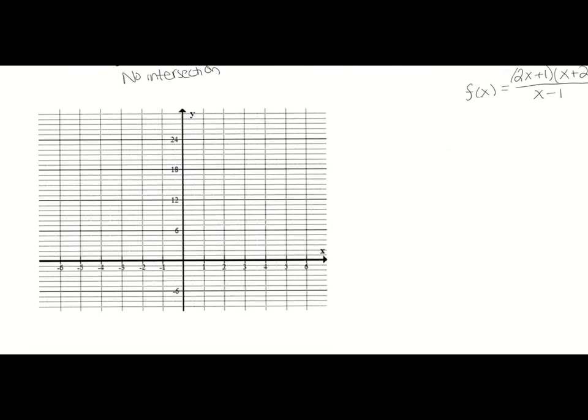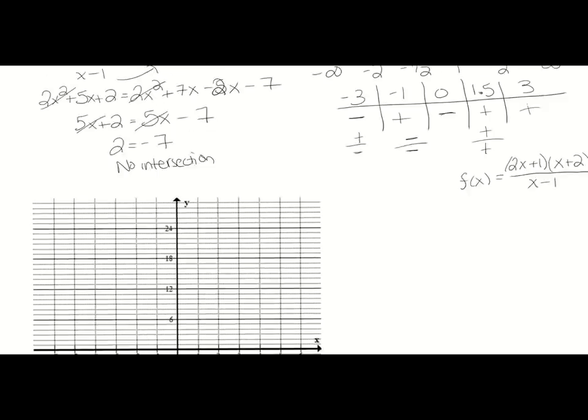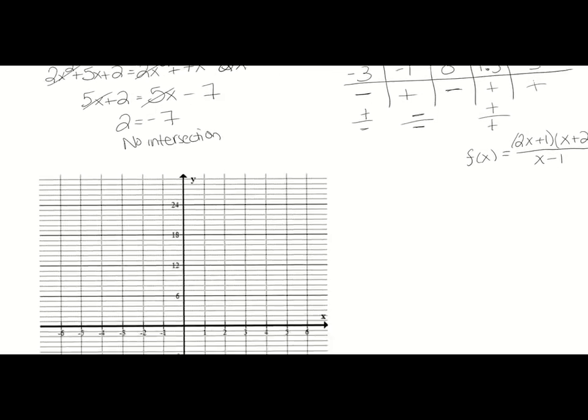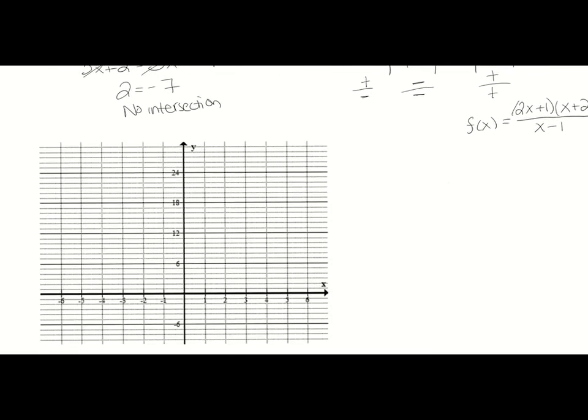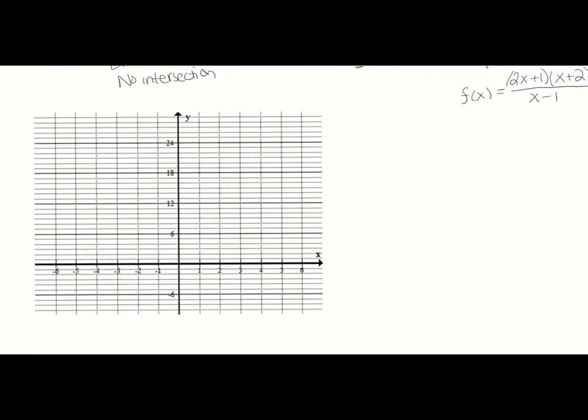So let's see. First, we're going to graph our asymptotes. So I had an asymptote at x equals 1 and then 2x minus 7. So obviously x equals 1 is going to be the faster one to do. And then you're going to have 2x plus 7. So 7 is right here, and then your slope is 2.